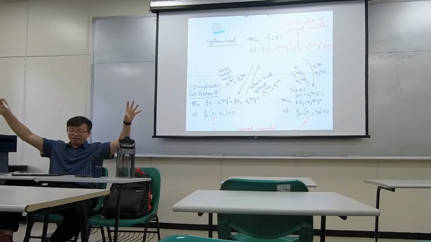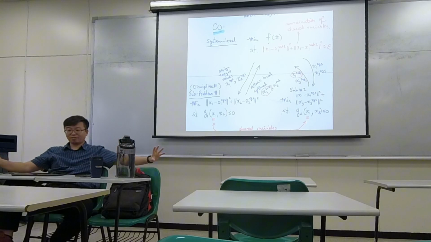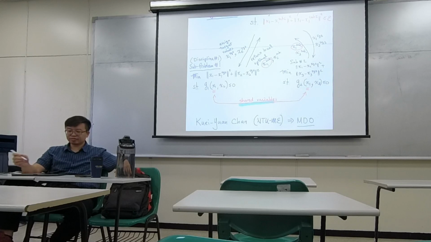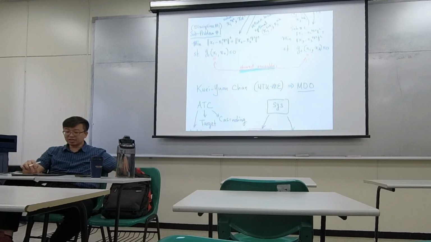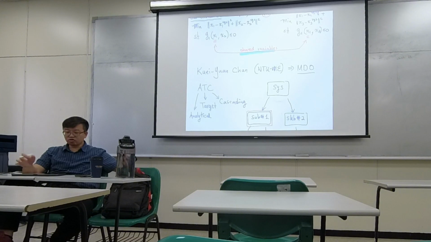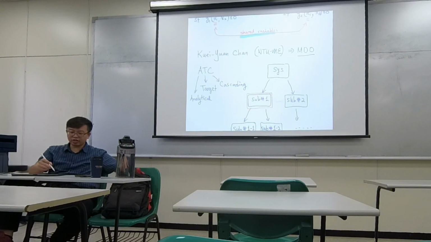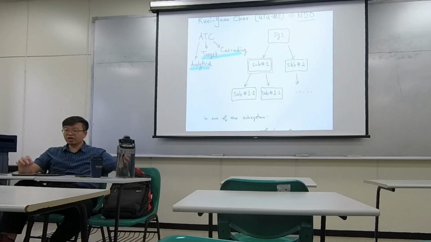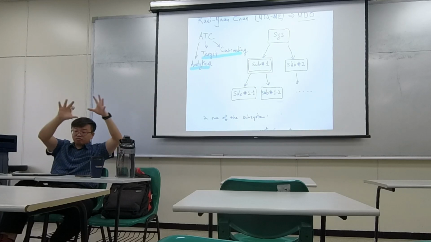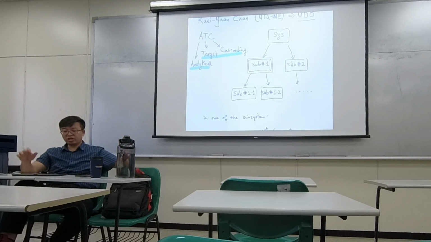There's a system level, there are subsystem level. Okay, and they have this sharing variables. Okay, and certain group of researchers, they also focus on this analytical target cascading, where they separate the whole chunk into multiple layers to form this hierarchy.